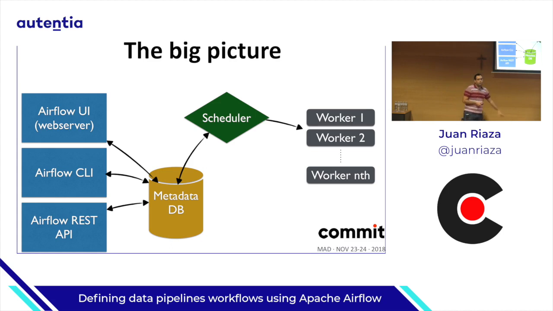Everything is stored in a metadata DB, and we have a scheduler, which schedules, of course, DAGs and tasks whenever it's necessary, and delivers those tasks to the workers. So there is only a single point of failure at this moment using Apache Airflow: the scheduler is the unique single point of failure.